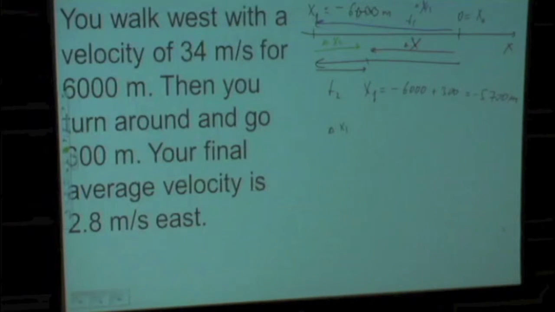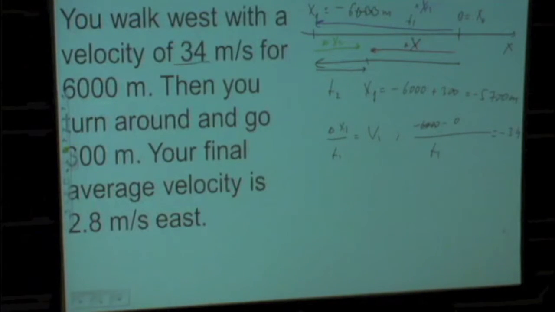So we can write immediately three equations. Delta x1 over t1 equals v1, which in numbers, delta x1, negative 600 minus 0, divided by t1 equals negative 34. That's the speed.